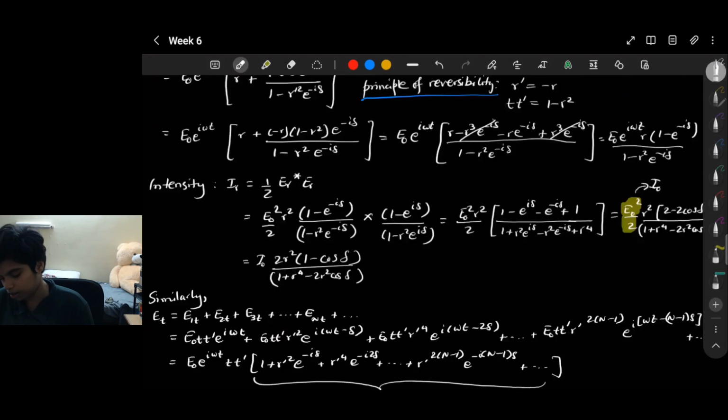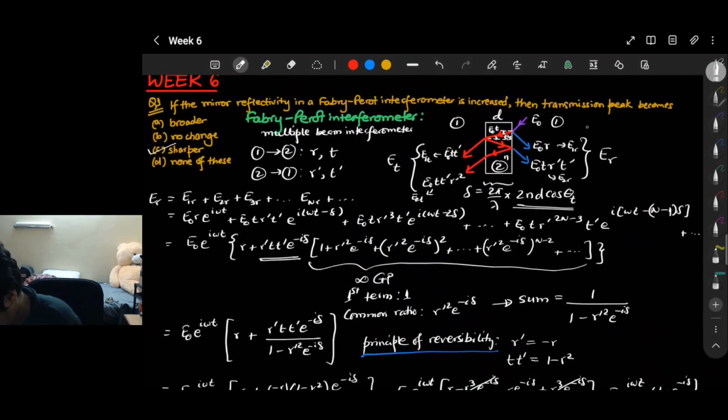This term is I naught, the input intensity, which is E naught squared by 2.